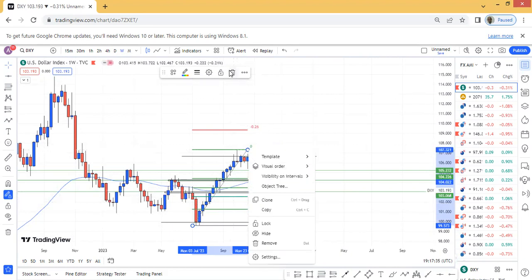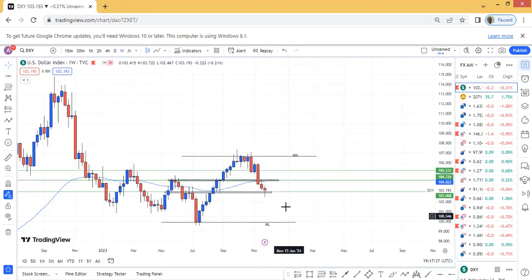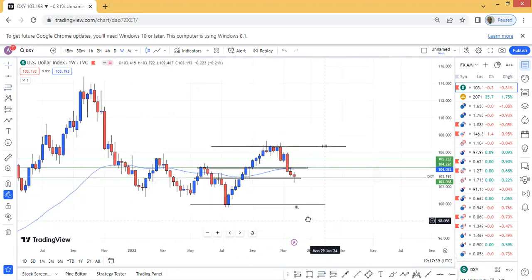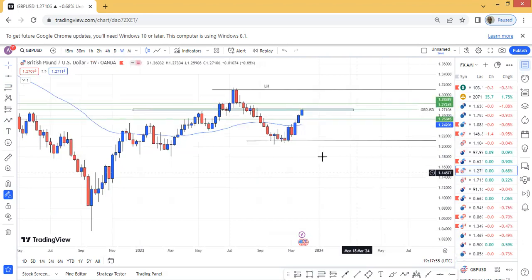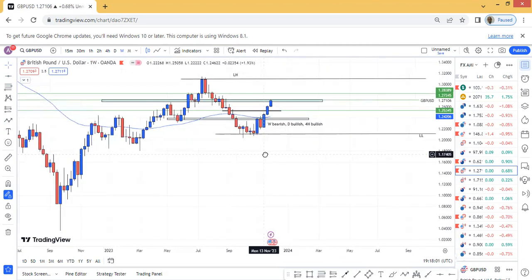So I see the dollar gaining some strength in the coming week, and that is why I am bearish on GU. But like I said, I am still going to wait to see how Monday will close to be able to make an informed decision.